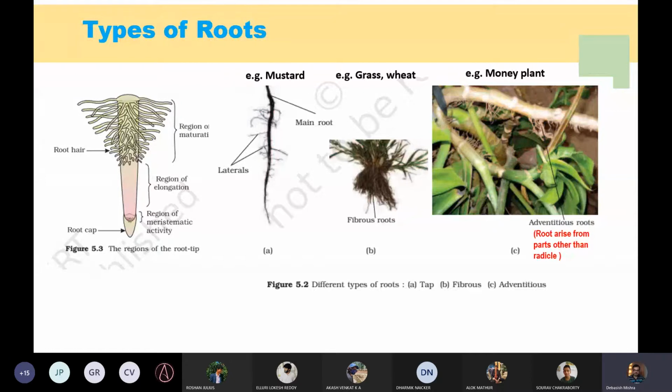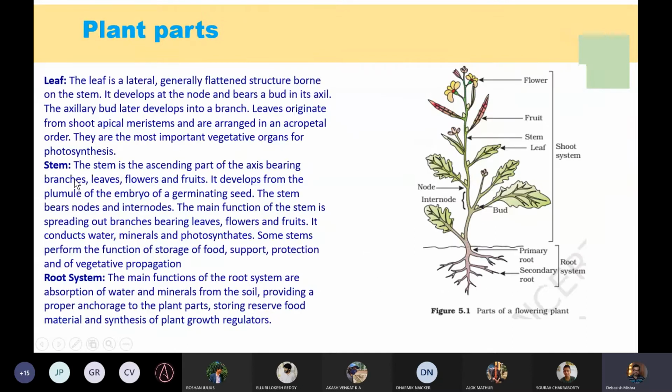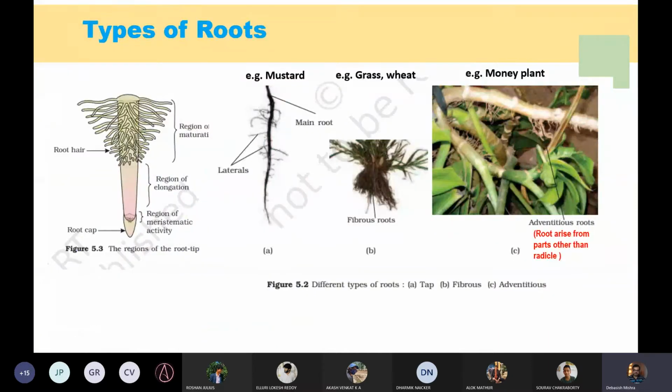As we know, we need to understand the different functionalities when we understand the origin tissue, how it is.